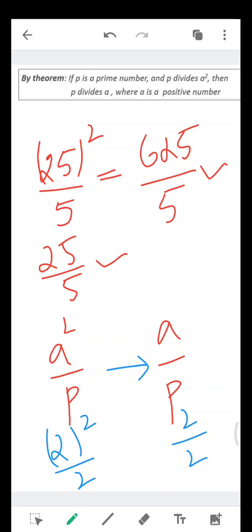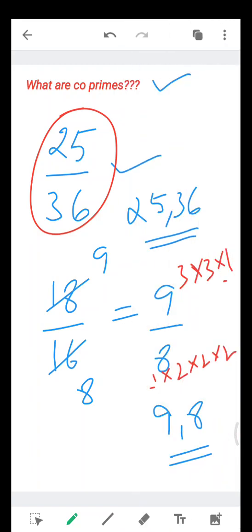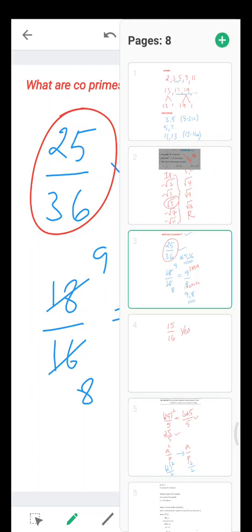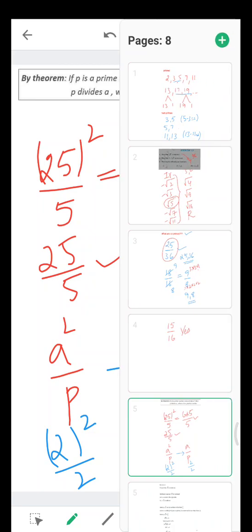Just remember this theorem, that if p divides a square, then p also divides a. These are the things we are going to use in solving the first question: the coprimes concept and this theorem. So let's continue with the exercise question now.